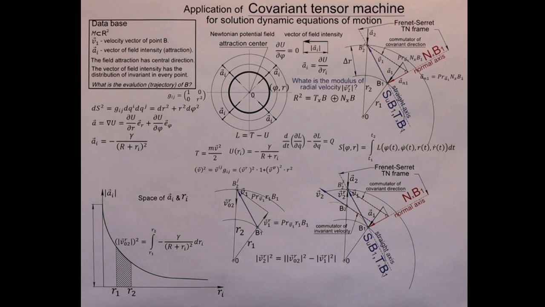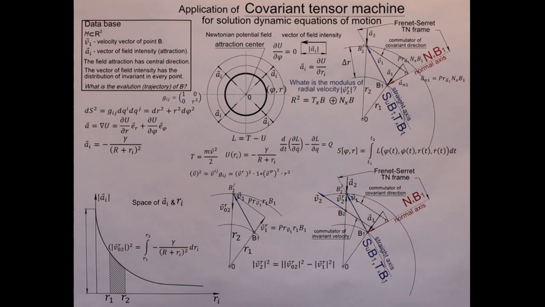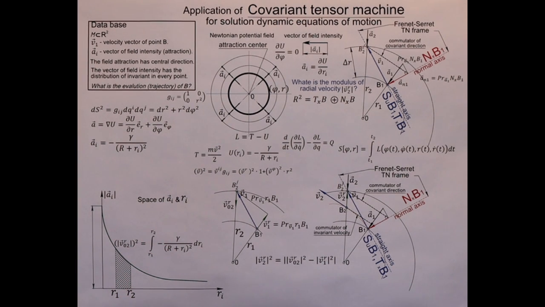The square of vector VR02 is defined as the definite integral of the scalar function of the intensity vector field. The limits of integration are radius 1 and radius 2. The integrated square is the square of vector VR02.